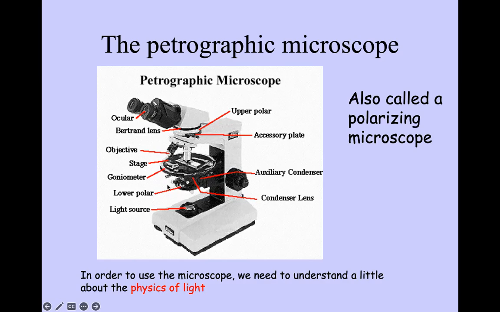Okay, so to use the microscope, we need to understand some facts related to physics, that means the travel of light through lenses, right? So we may need some basic understanding of a light beam traveling through lenses.